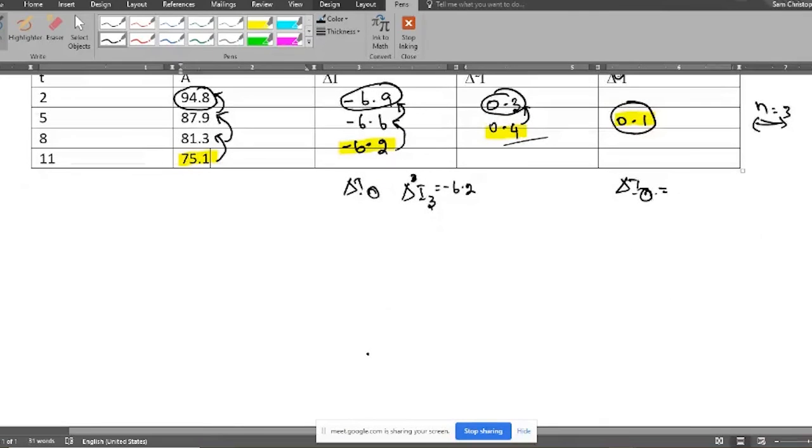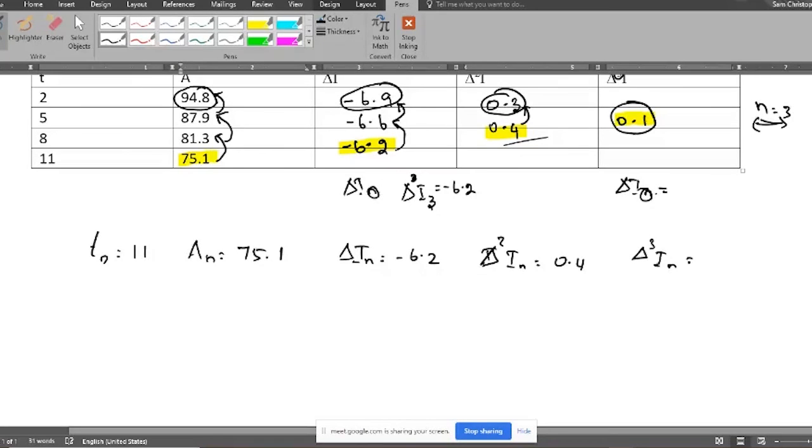I will tell you the change. Okay, Tn is equal to, that is T3, Tn is equal to 11, the one at the bottom. Similarly, an is equal to 75.1 and del In is equal to minus 6.2. del square In is 0.4. del cube In is 0.2.